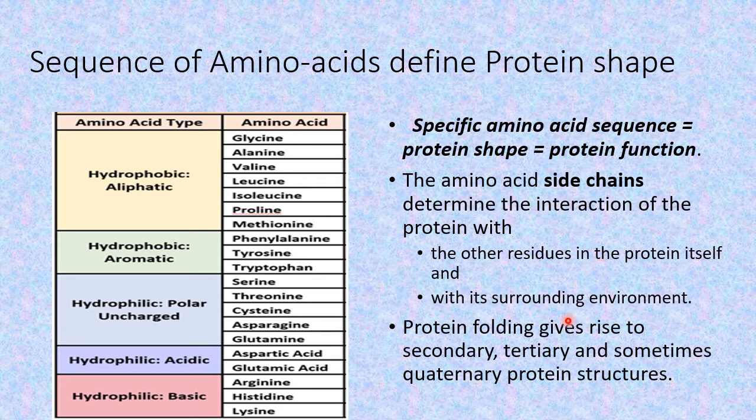So this leads to the folding of the amino acid polypeptide sequence, resulting in the formation of the secondary, tertiary, and sometimes even the quaternary protein structures. So we may say that it is basically the sequence of amino acids which defines the shape of the protein.